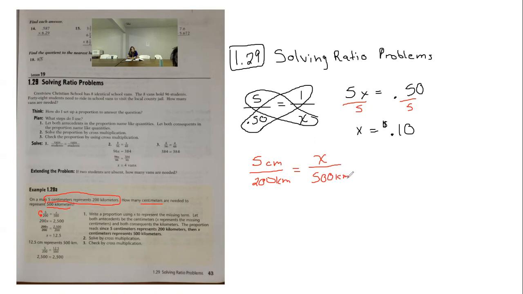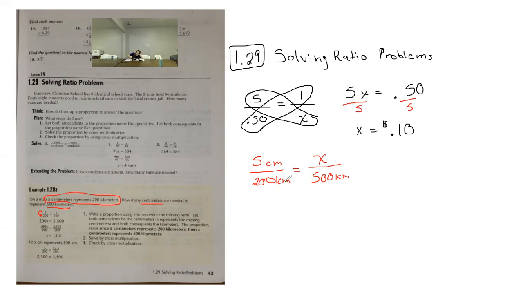Okay, so we are always multiplying the two numbers that are across from each other. And then in the end, we always end up dividing by the number that's across from the x. That's just the process. We always end up multiplying these and then dividing by this one.